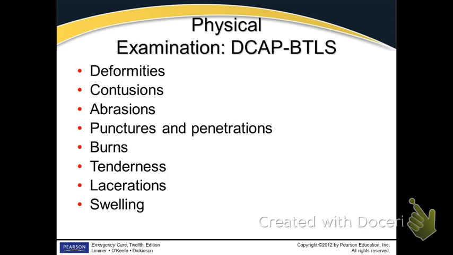So you'll remember that acronym on the things that you're looking for as you're going through the assessment. This will make a lot more sense once we start practicing trauma assessments.